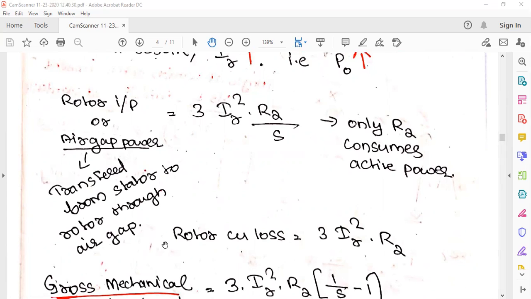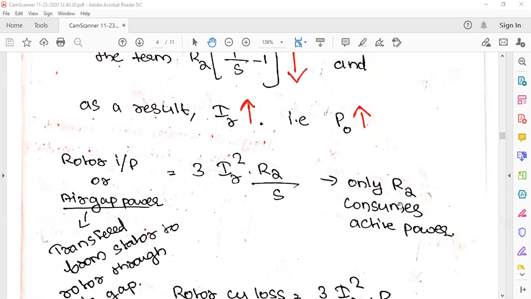So we call it the air gap power also. So rotor input is equal to 3 into IR square into R2 by S. Only R2 consumes active power.